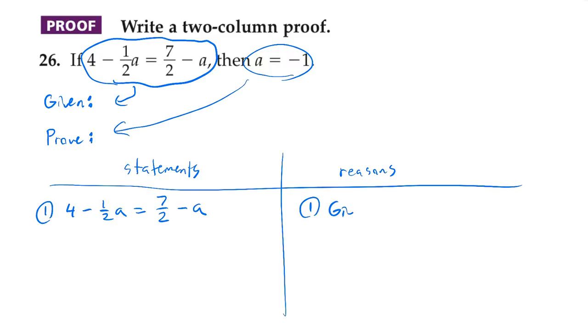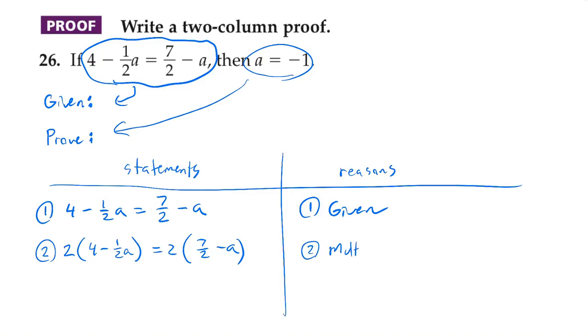Reason: given. Okay, so now where do we go with this, right? It's an art form. So, yeah, let's do what they did up there. Let's just get rid of all those fractions. And so I'm going to multiply both sides by 2. Okay, so 8 minus A equals 2 times 7/2 minus A. That was the multiplicative property of equality.